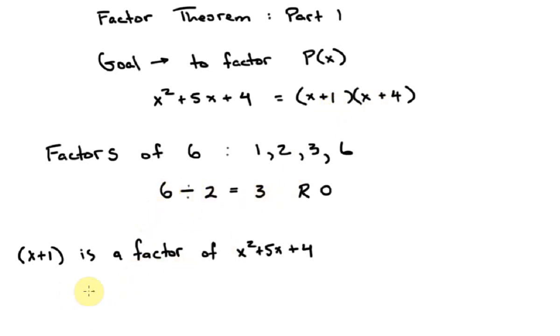What if I took this x squared plus 5x plus 4 and divided it by x plus 1? What would I expect to see as the remainder? I don't even care what the quotient is. What would the remainder have to be in order for me to say it's a factor? Well, the remainder would be 0.